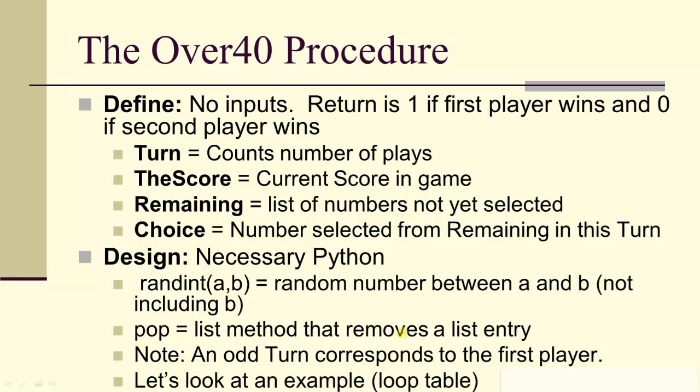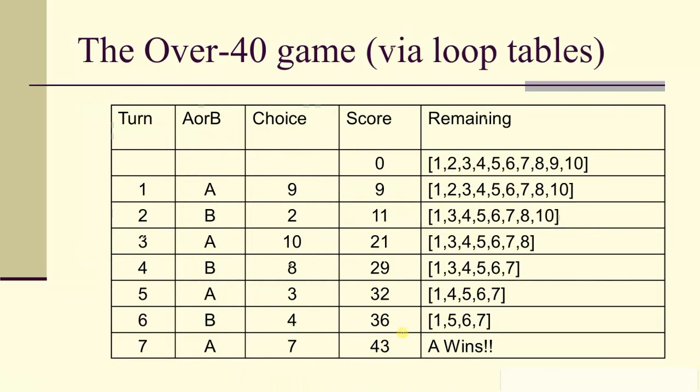Let's look at an example with a loop table. And it's the same one that we saw again, but this time let's think of this with an eye of writing a procedure. So the first thing we should probably notice is that we're going to have a loop. As we go down through the loop, we're going to alternate between A and B, but notice that A is odd, and B is even.